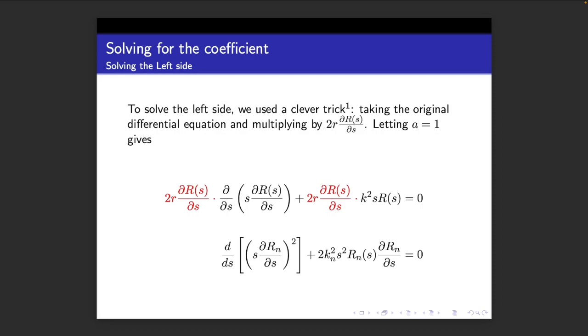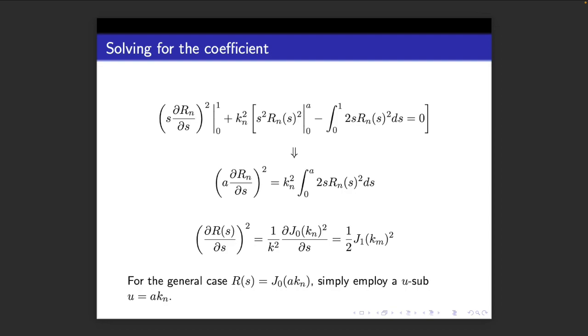We find that now we have this here and this here, the derivative with respect to s of this inside this, and then 2 times k sub n squared s squared R sub n of s R sub n of s is equal to 0. We take the integral of both sides, and we'll find that this from 0 to 1 is just a R sub n of s squared.